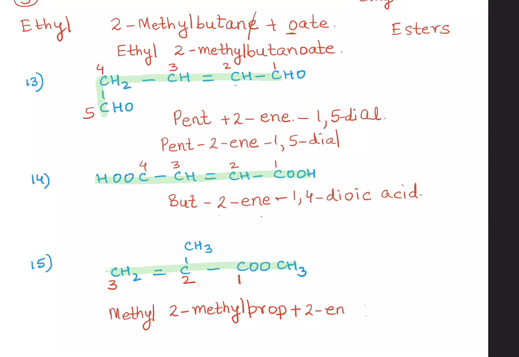Oh yes, we need to do away with the E because the next word begins with a vowel. So I can either write it as enoate or I can also write it as 2-ene-1-oate. Both will be accepted as far as this part is concerned, right? Of course, the rest of the name remains the same.